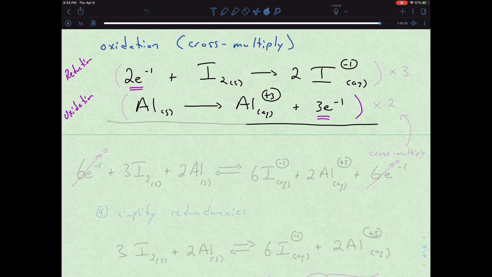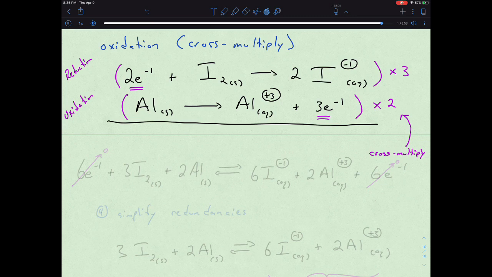I want the number of electrons to be equal to one another. So I'm going to multiply the reduction by 3 and the oxidation by 2. And so this basically sets the stage for the electrons to be equal to one another. So that's the cross multiplication feature that I was talking about.